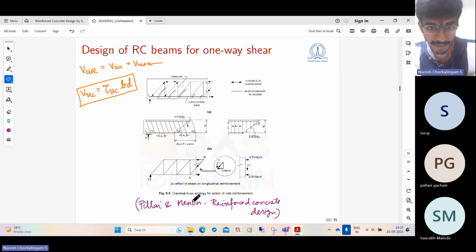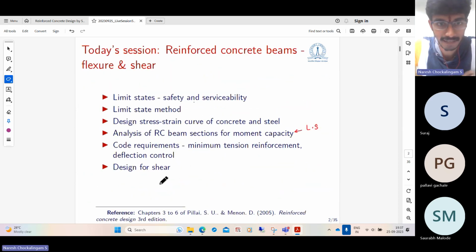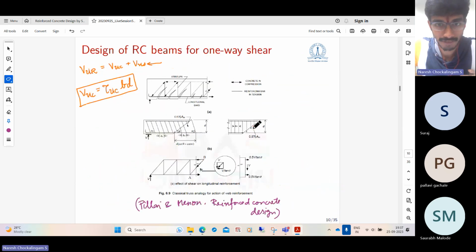All basic and advanced topics are covered in a very nice manner. So you can refer to this book. I've also referred to it in this slide. So everything I'm discussing today is from that book only. Everything is from chapters 3, 4, 5, 6 of Unnikrishna Pillai and Devdas Menon's Reinforced Concrete Design book. So you can take a look at that book. It's a very good one.